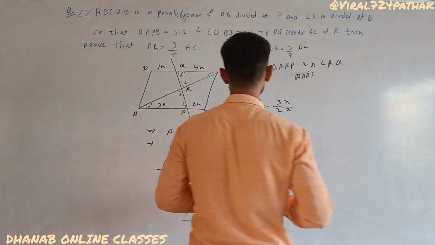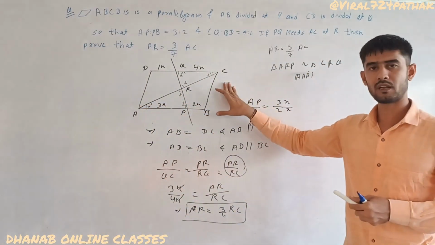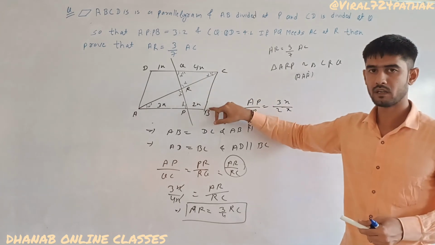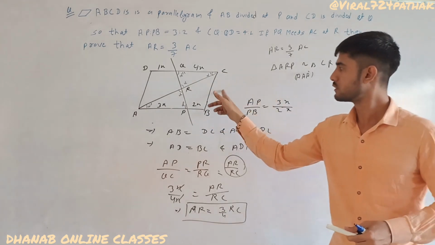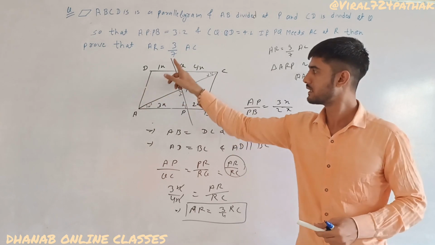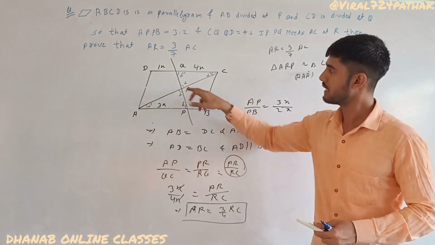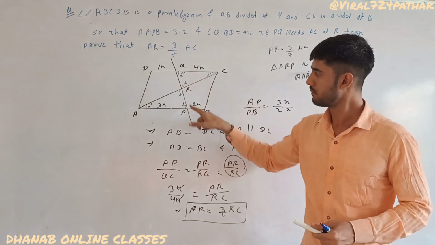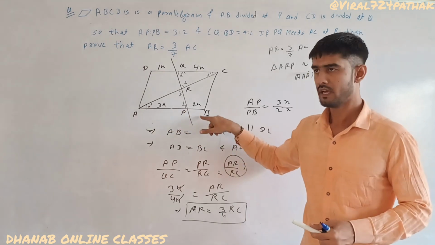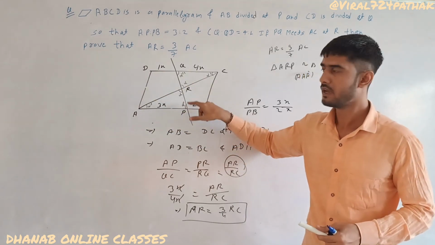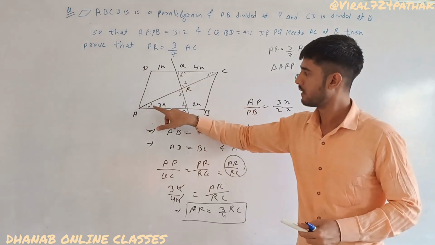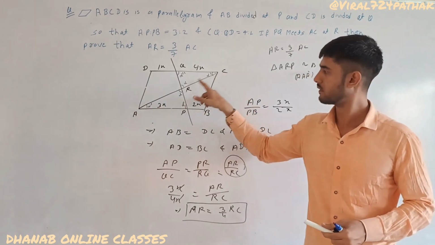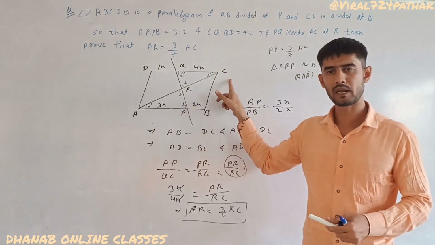I can repeat it. We have been given a parallelogram. These two sides are parallel and equal also. These two sides are parallel and equal also. There is a line PQ which cuts AB and DC at P and Q, and we draw a line AC which is the diagonal of the given parallelogram.